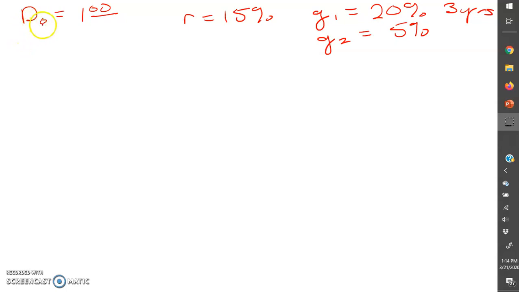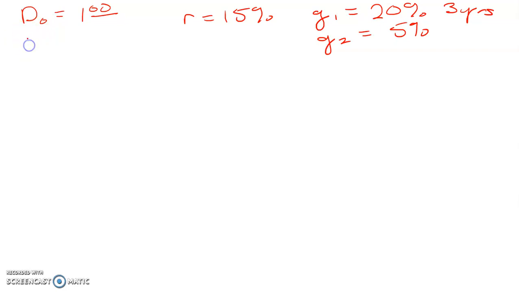So D0, that's the current year's dividend. So to start doing this calculation, we're going to have to calculate D1, D2, and D3. And I'm going to show you how to do it with just calculating those three dividends.